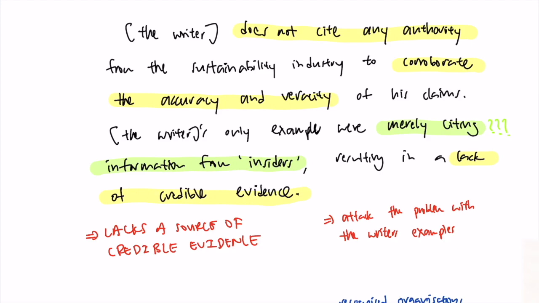But who will believe me when I say that? Hence, by not citing any form of authority, the writer has made a very weak argument, which is what we are going to attack. So, this is a way that we can attack the writer's arguments, where we say that he does not have any credible examples, rendering his examples weak. Feel free to use this framework if you ever realize that the writer's arguments are all anecdotal, fluffy, unsubstantiated, or does not come from a credible source.